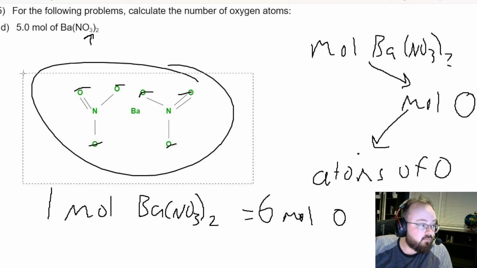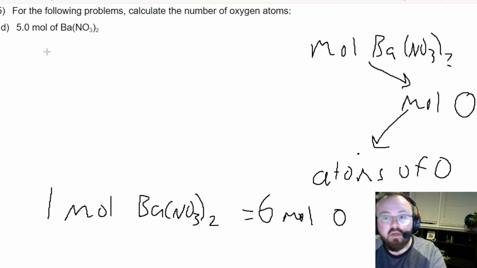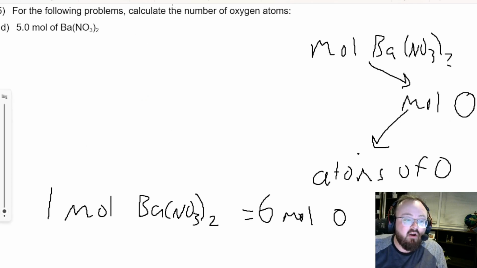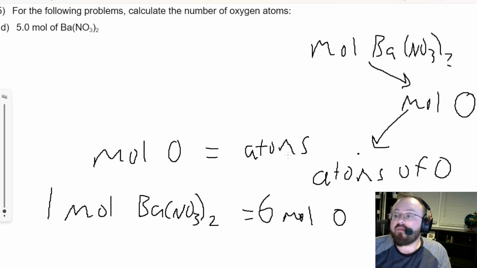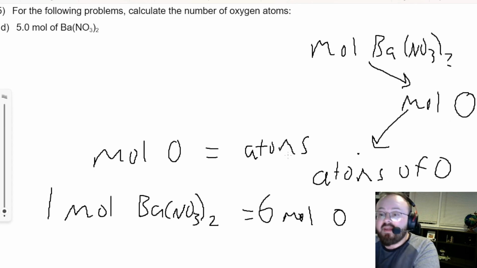Okay? Our second conversion factor is, again, our definition of going from moles of oxygen into atoms of oxygen. And this is our definition, again, of what a mole is. Anytime I'm going from moles to something else, it's always Avogadro's number.